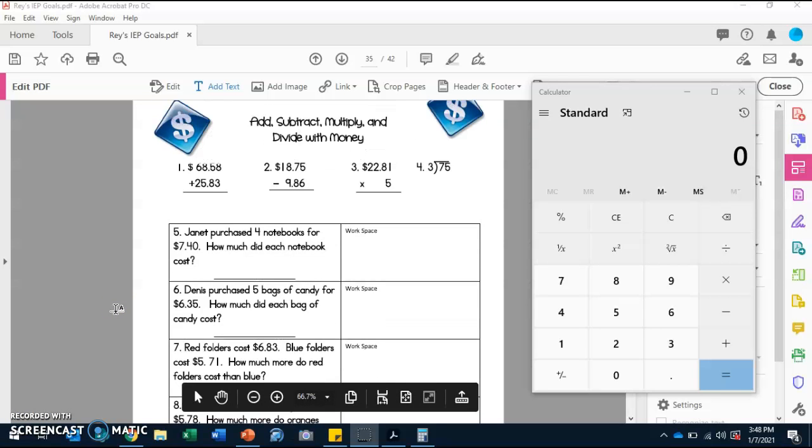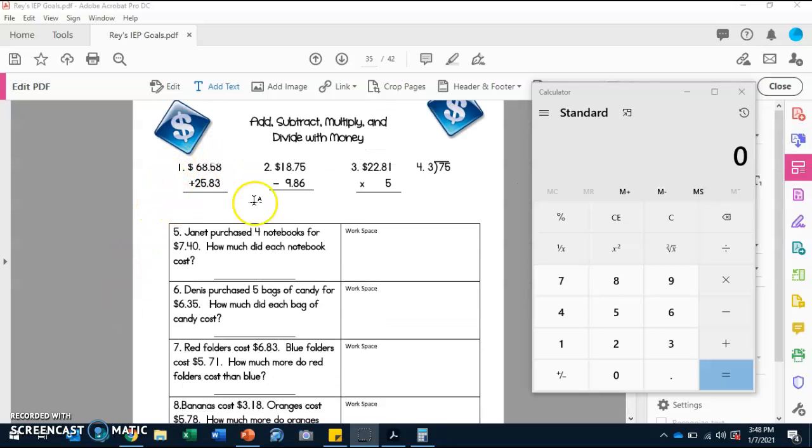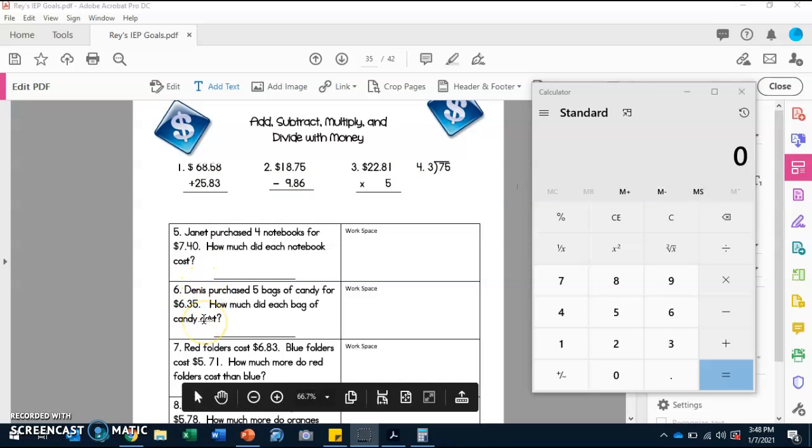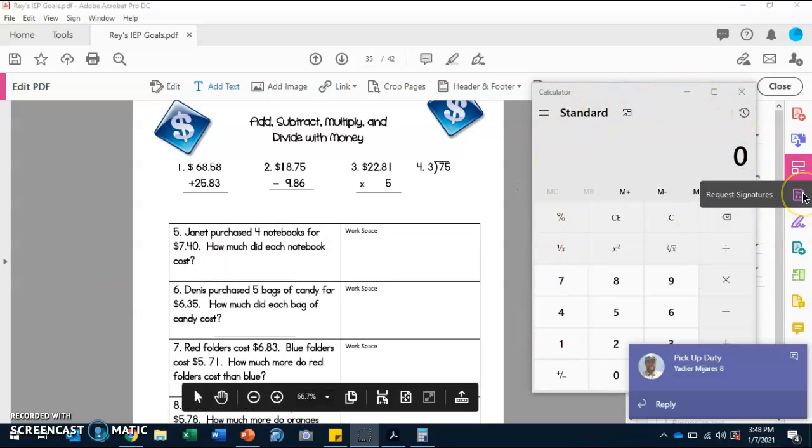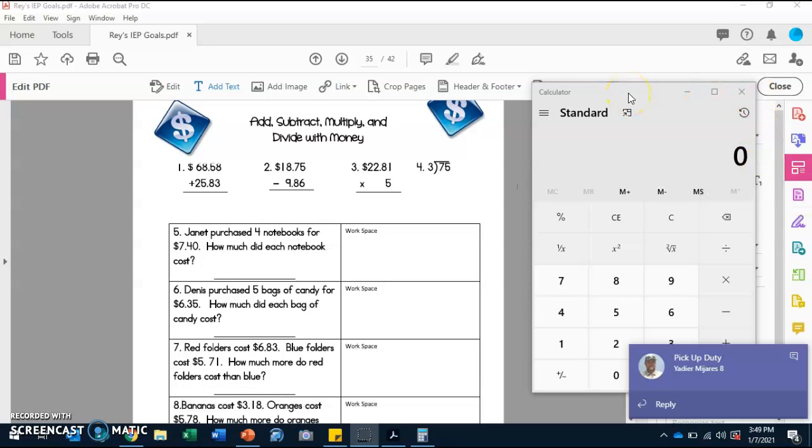There are 9 questions. These we are going to either add, subtract, multiply, or divide. And then over here we have some word problems that we are going to solve as well. So take out your calculator if you have not. We will be needing it for this worksheet.